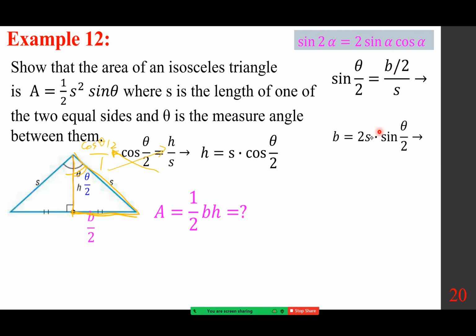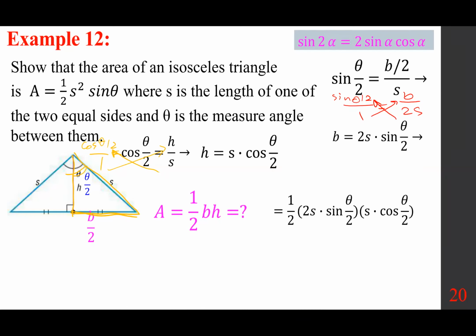So I hope you can establish this. Let me just quickly write sine theta over 2 over 1, and this is b over 2s. We do the cross product. And so just plug in, instead of base, 2s sine theta over 2, instead of the height, s cosine theta over 2.